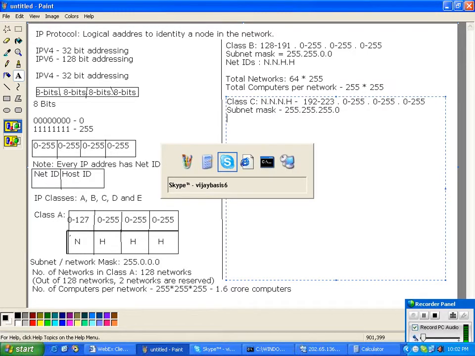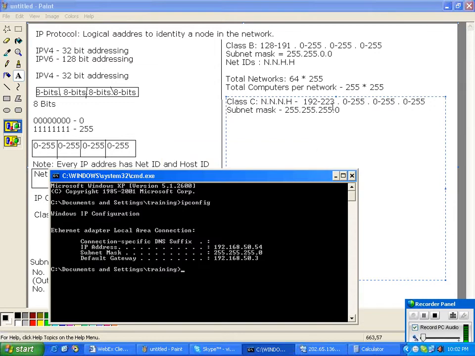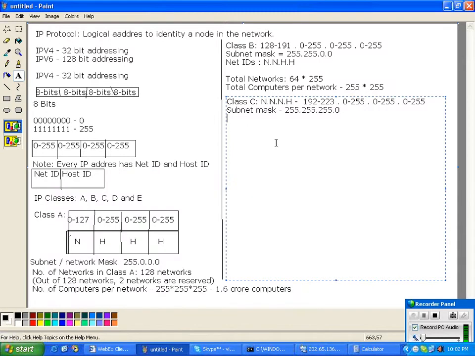So what is my current IP? 192 means it comes in the Class C network. Any number from 192 to 223 is a Class C. So how many total networks in Class C? 32, 255, 255. This is my number of networks in the Class C.